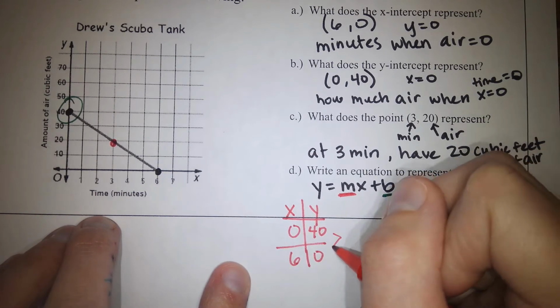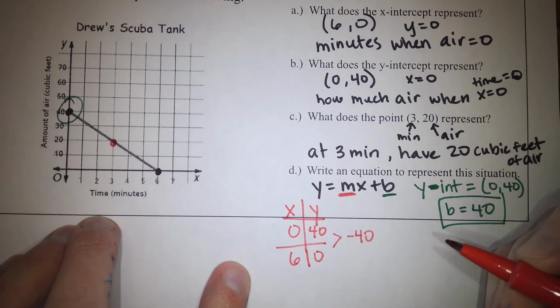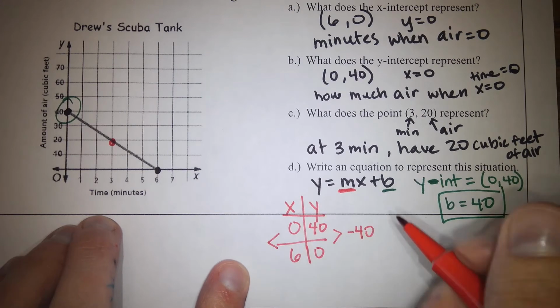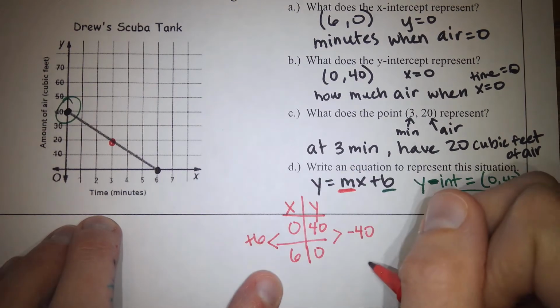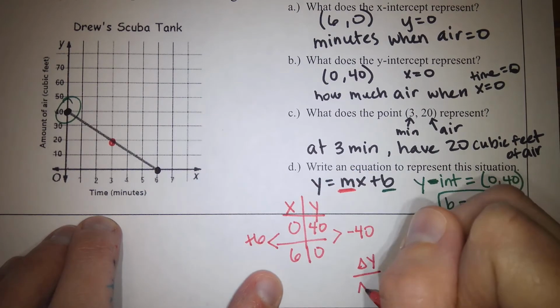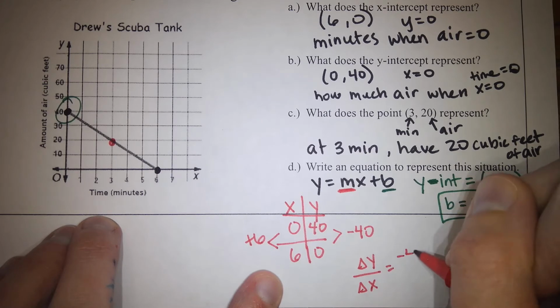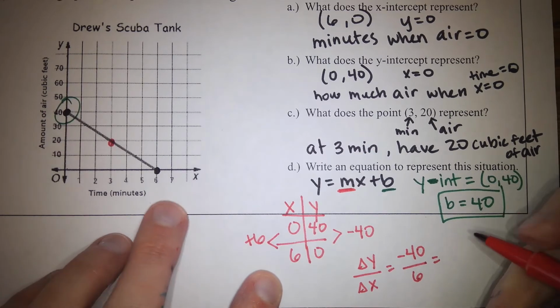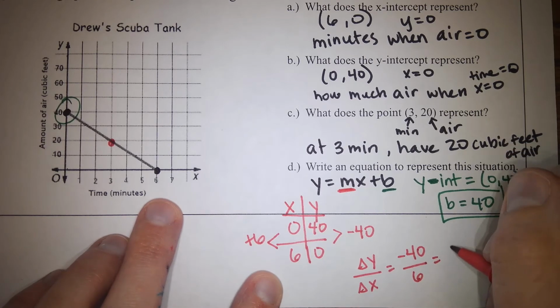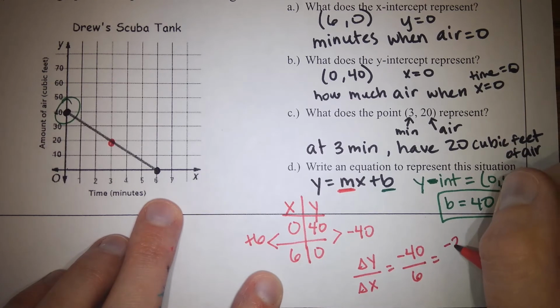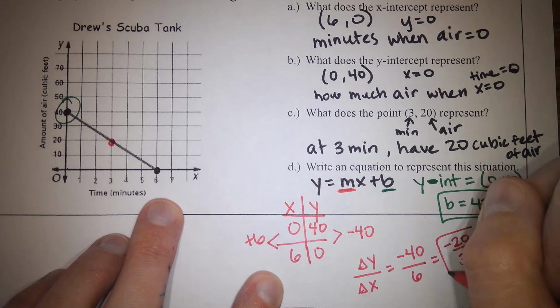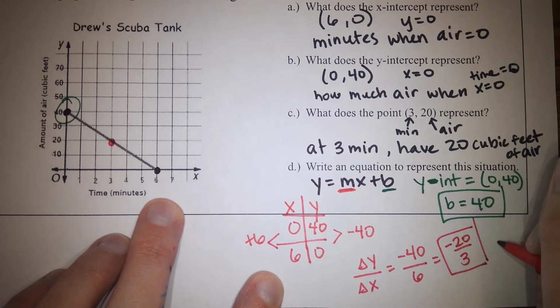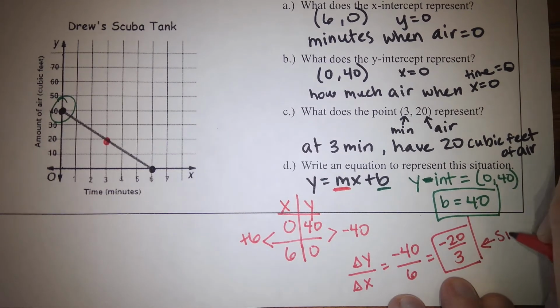So what we have right here is we go down to negative 40, our change in y. Our change in x is plus 6. So the change in y over the change in x is equal to negative 40 over 6. Ooh. And if we reduce that, it would be reduced to negative 20 over 3. So now that would be our slope.